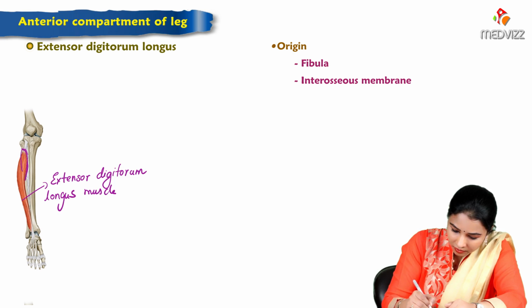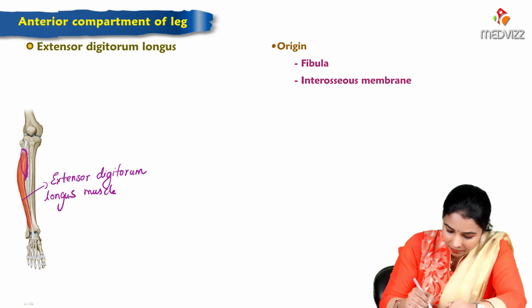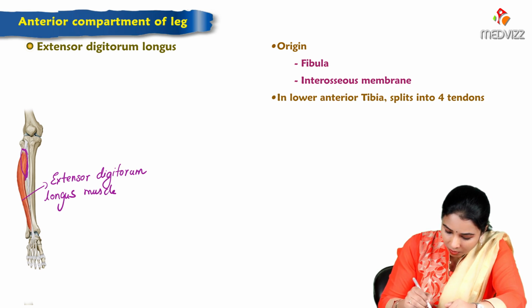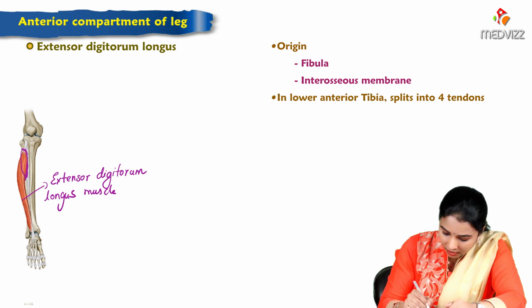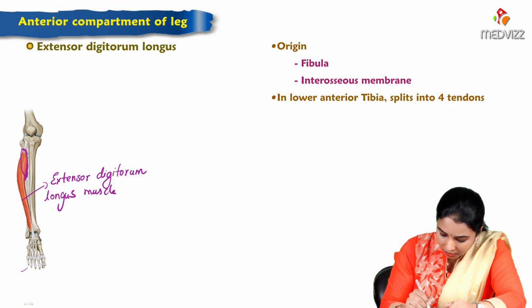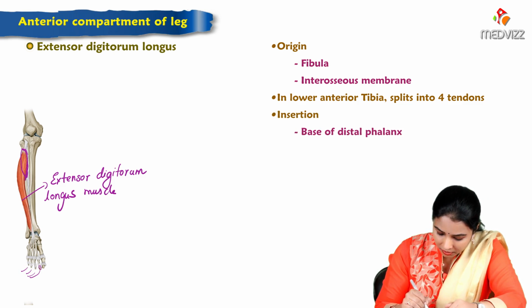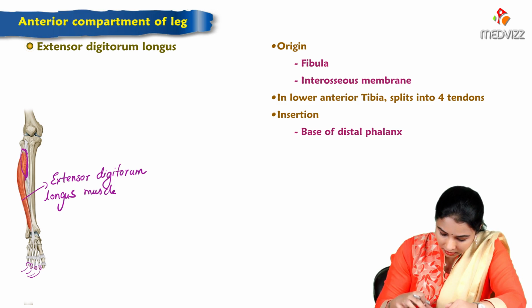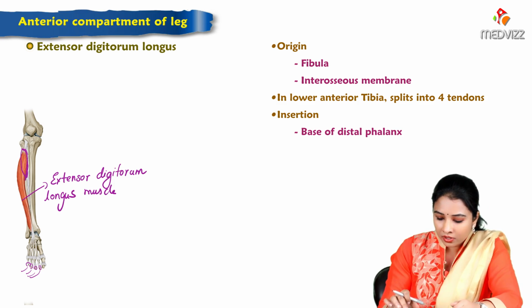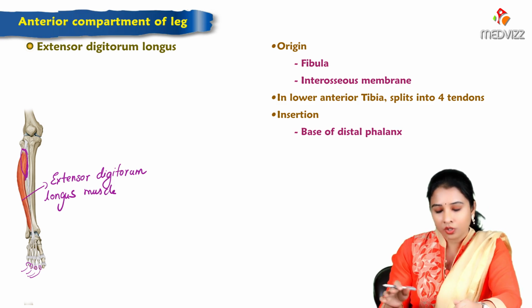It gets origin from the fibula laterally. And we can see in the lower part in front of the tibia, it splits into 4 tendons which go to the lateral 4 toes. So insertion, it gets inserted to the base of the distal phalanx. So that is about the extensor digitorum muscle.